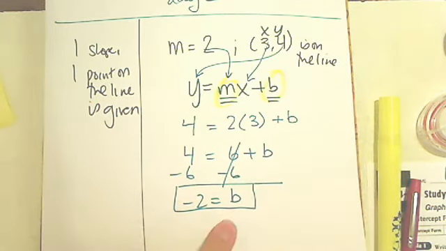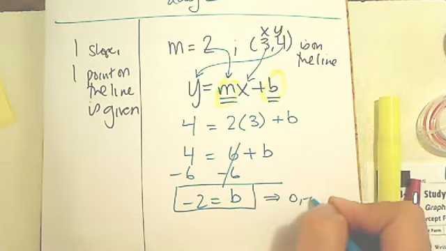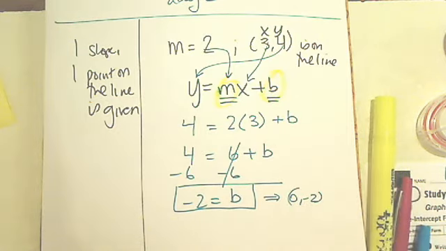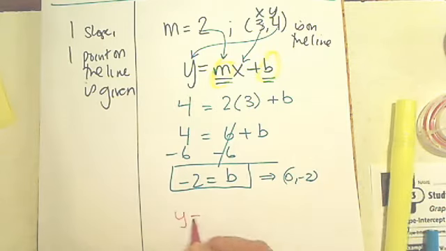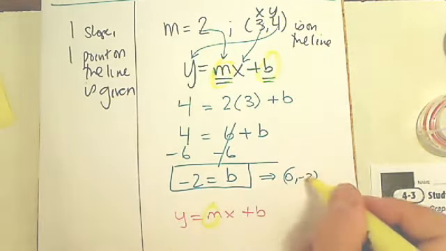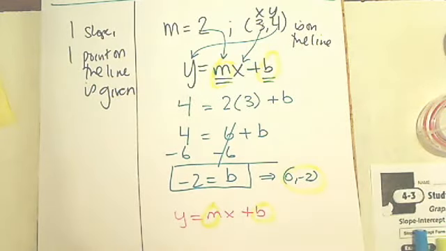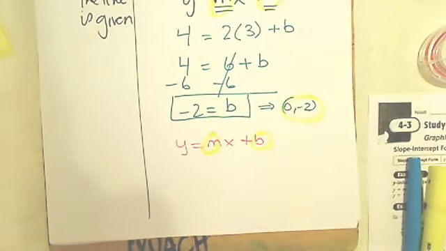Now, what does this b tell you? Y-intercept, which really is 0, negative 2, right? So do we have enough information to write our line? Yeah, we do. y equals mx plus b. All we need to know is the slope and the y-intercept.